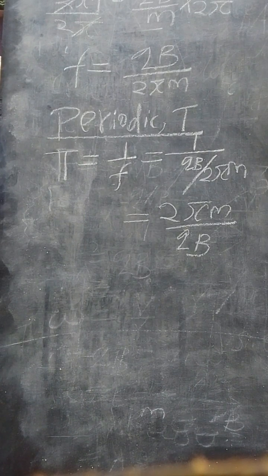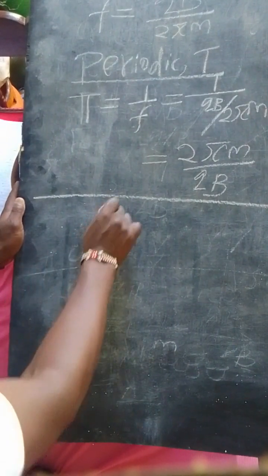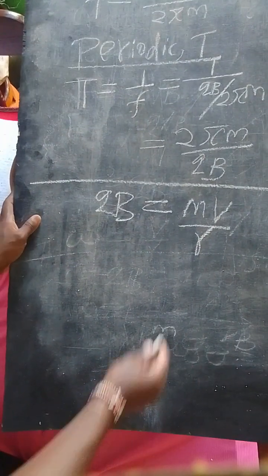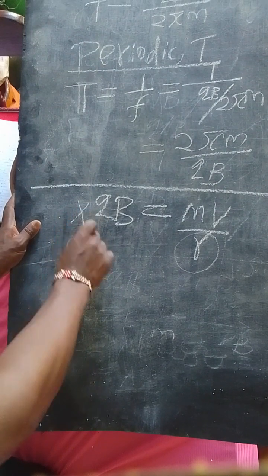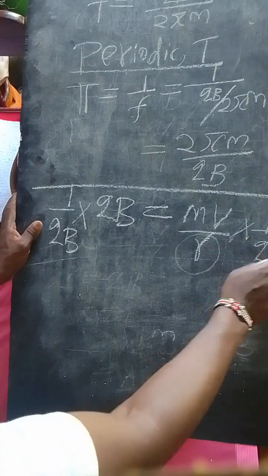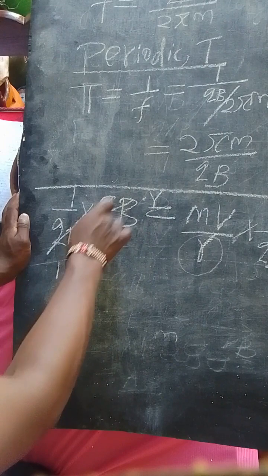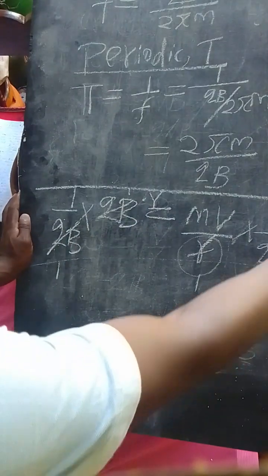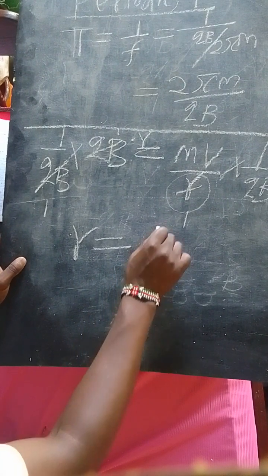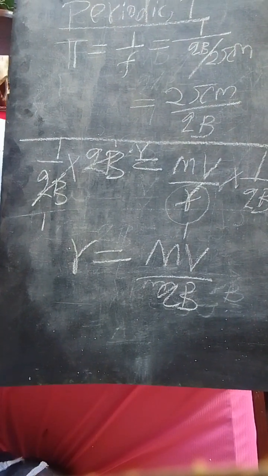Now, if we calculate the radius for such a path, remember we said QvB will be equal to mv squared over R. So if I want R, I will just cross multiply here by 1 over QB times 1 over QB times R, then here times R, such that the QB and the QB will cancel out, and the R and the R here will cancel out, and I will form a formula of this kind, and the radius of the path will be equal to mv over QB. That will be the radius for the path.